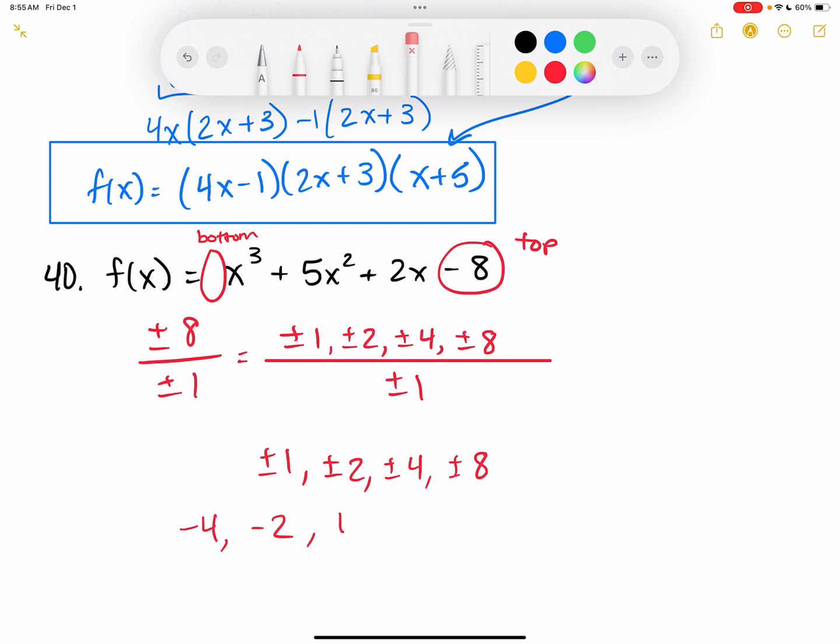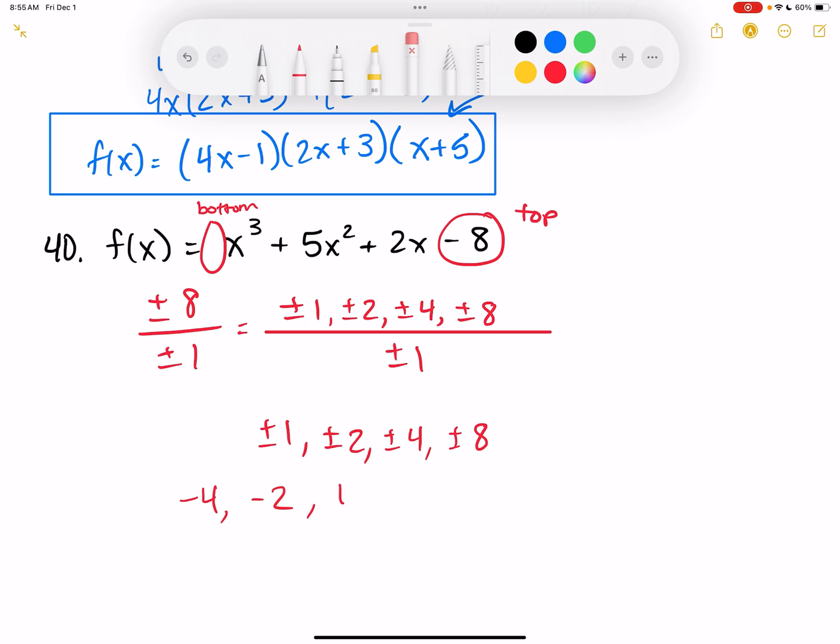We're just going to clear. It was +5x squared. 5x squared plus 2x. How do we show the graph? Huh? How do we show the graph?